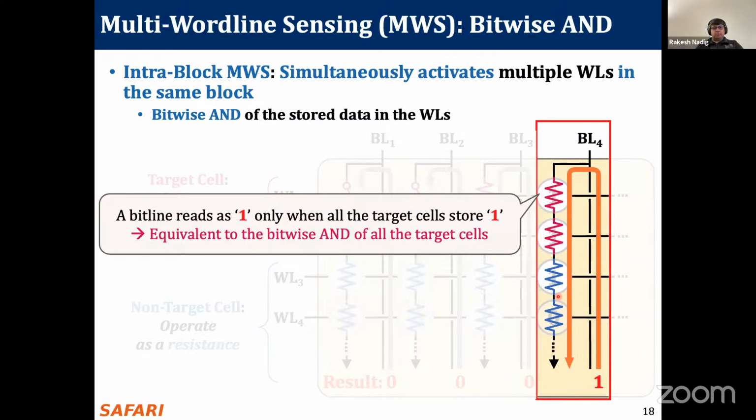The output of an intra-block MWS can only be a 1 when all the target cells store 1, which means that all the target cells have to be in the erased state. This is the equivalent of a bitwise AND of the target cells. As I mentioned, only if they operate as resistors can the bit line current pass through the NAND string.